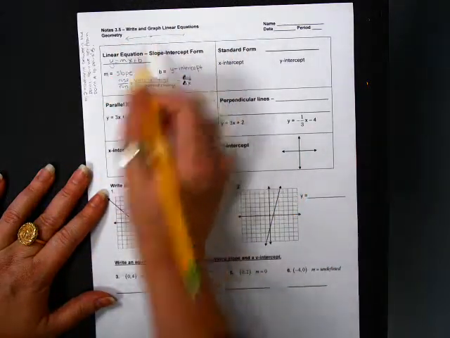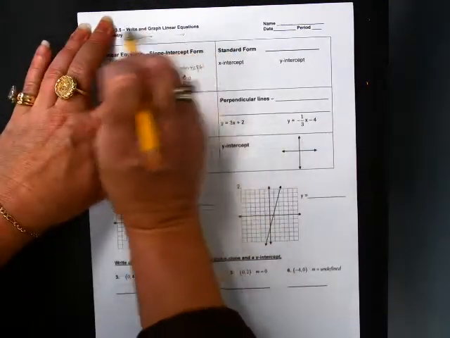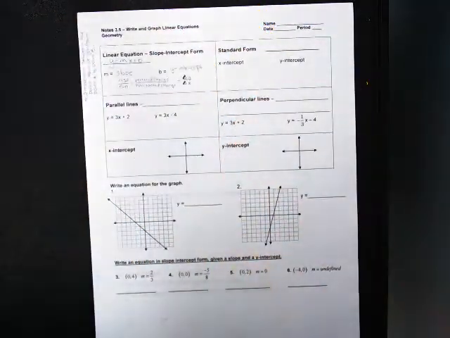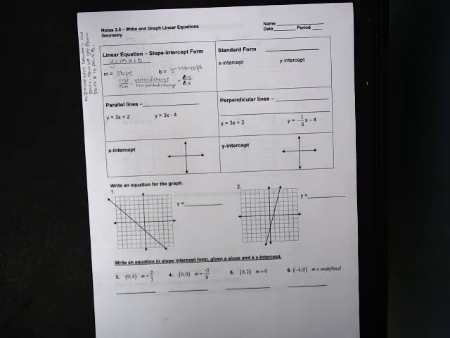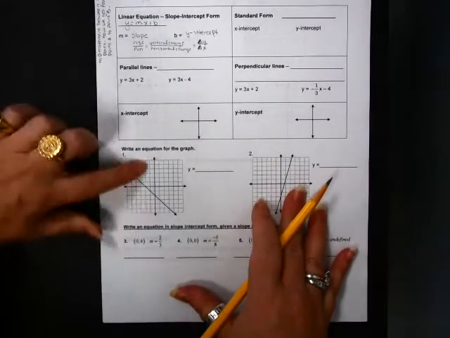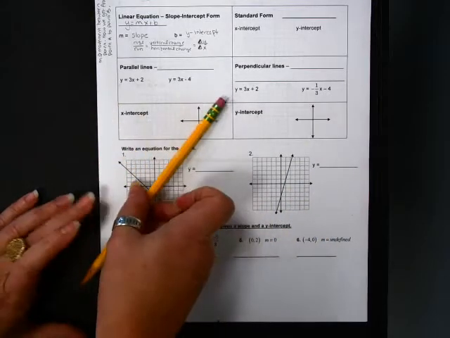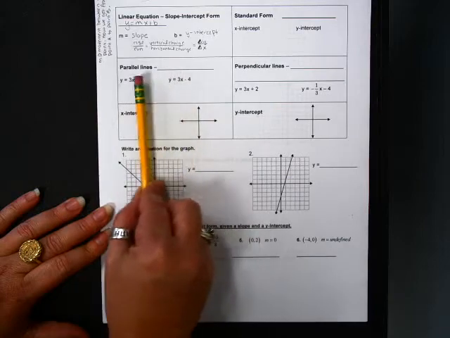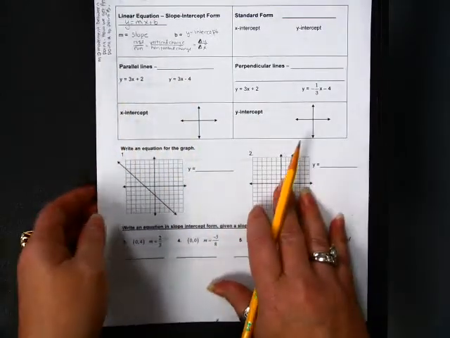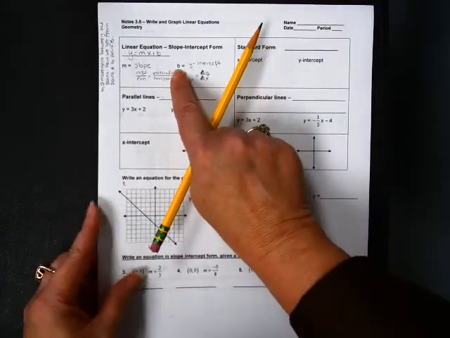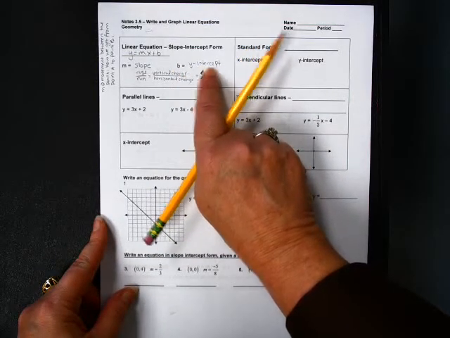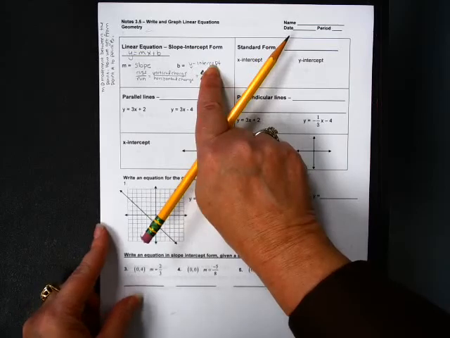So there's no beginning or end. However, most lines will cross the y-axis. If you look at this graph, the only lines that don't cross the y-axis are the ones that are vertical. So we like to think of the b as beginning, and it's where it crosses the y-axis, the y-intercept.